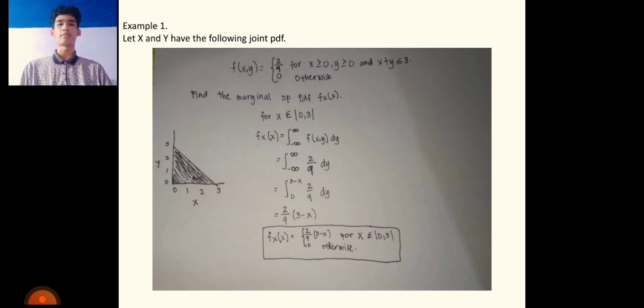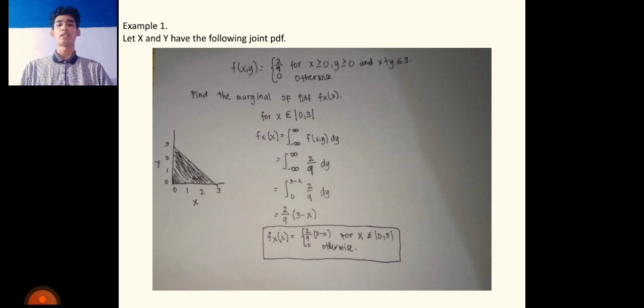So f x of x is equal to the integral of f of x and y dy with the upper bound of infinity and the lower bound of negative infinity. So f of x and y is equal to 2 over 9.